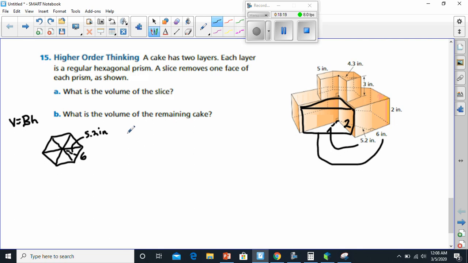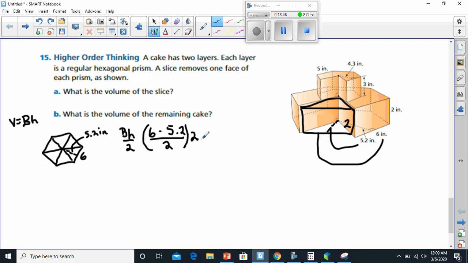First of all, we take the formula for a triangle, which is base times height divided by 2. The base is going to be 6. The height is going to be 5.2. We're going to divide that by 2, and then we're still going to multiply that whole base by 2.